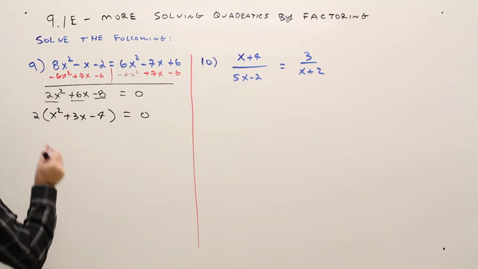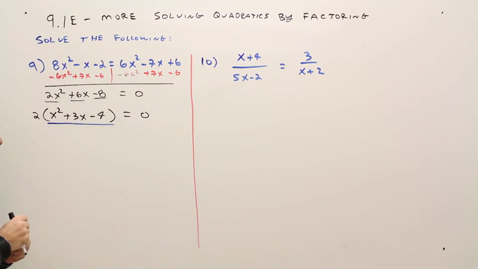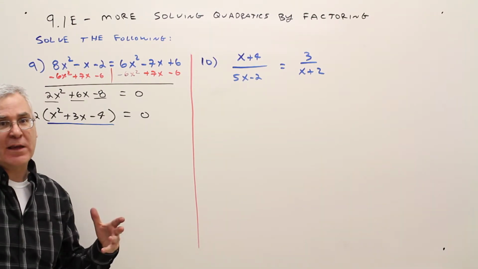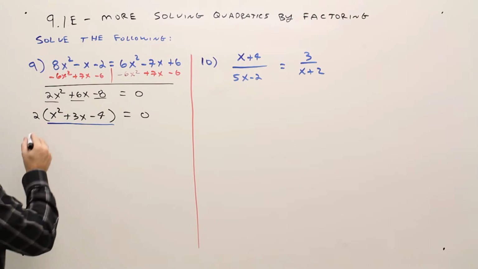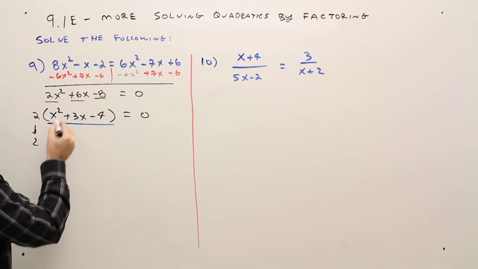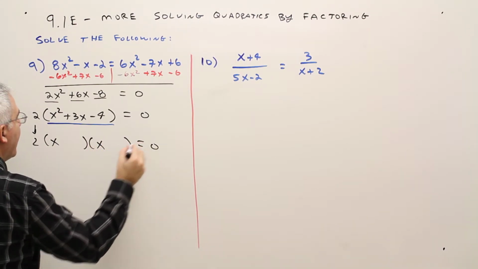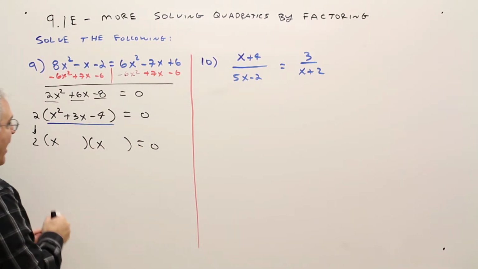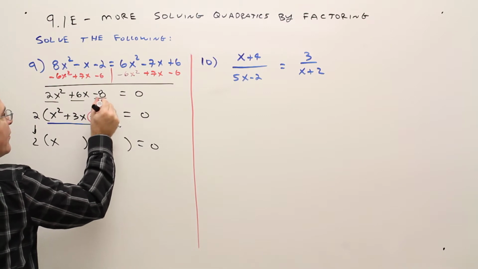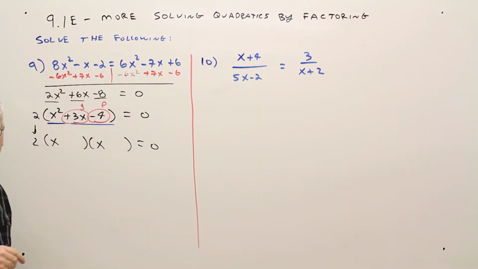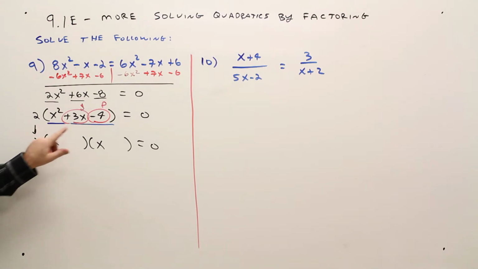Okay, so now what I want to do is see if I can factor that and then set those chunks equal to 0 just like I did before. Okay, let's not forget to bring the 2 down. My template will be x something equals 0. And again, two numbers that have that product and that resultant sum. All right.